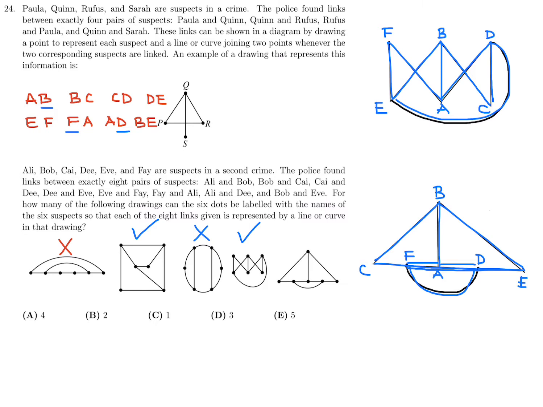You could put A, B, and C in another arrangement, and I encourage you to do that, as you can, to see if you can get a situation where only these are represented in the diagram. And for this one, the answer is no. So this is no good. So of those 5, these are the only 2 for which you can match it exactly, and therefore the answer is 2 for number 24, which would be B.